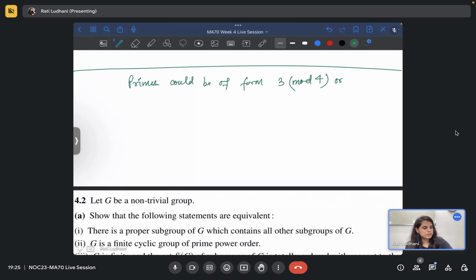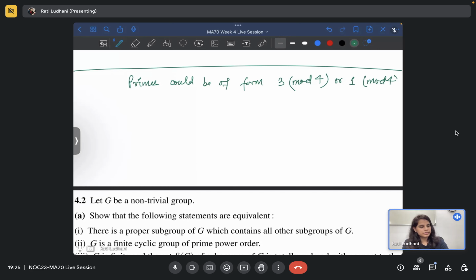Do you agree? When you divide by 4, the remainder will be 3 or 1, because it cannot be 2, since then it would be an even number, and 0 mod 4 cannot be prime either, it is divisible by 4. So it could be only of the form 3 mod 4 or 1 mod 4.